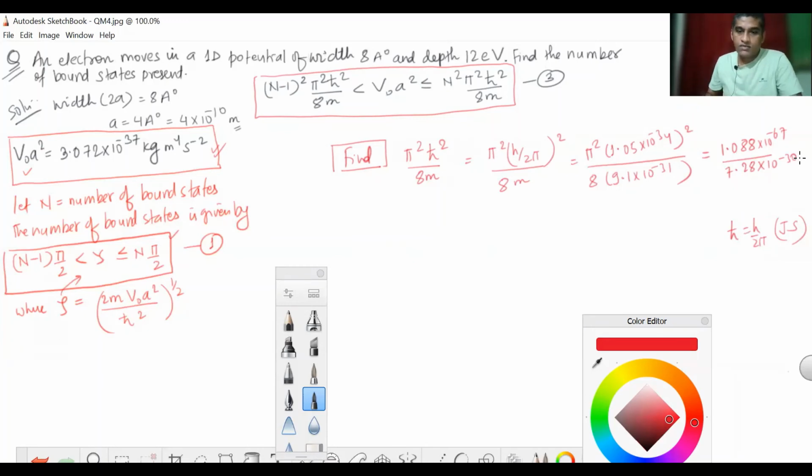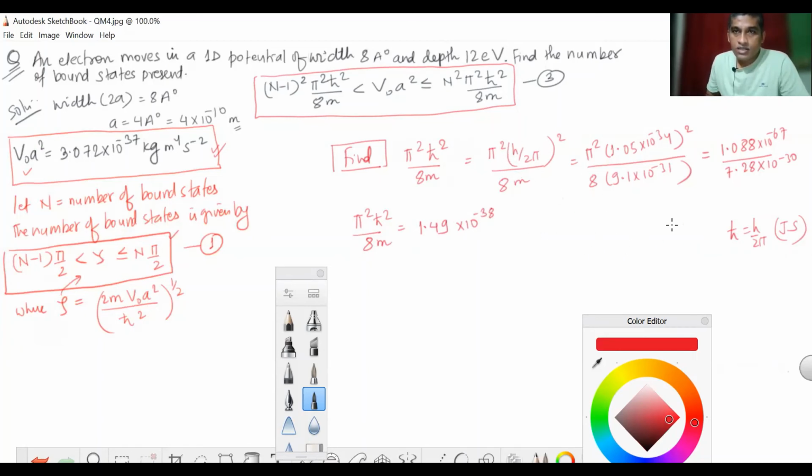So this gives us the value: pi square h bar square by 8m equals 1.49 into 10 to the power minus 38, and the unit, let us find its unit, okay.